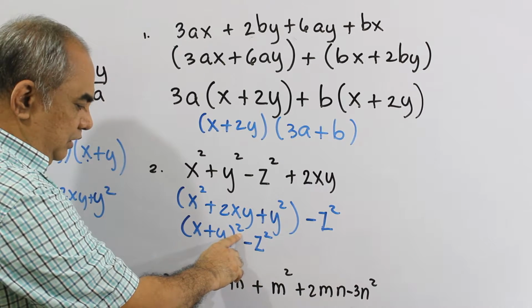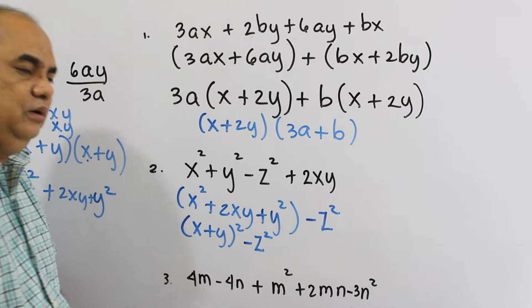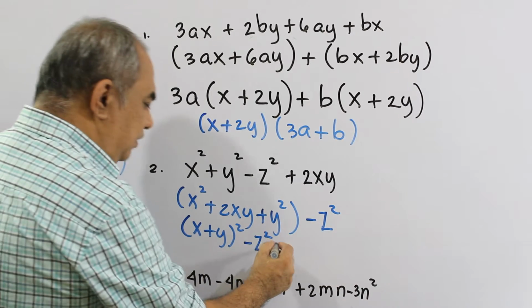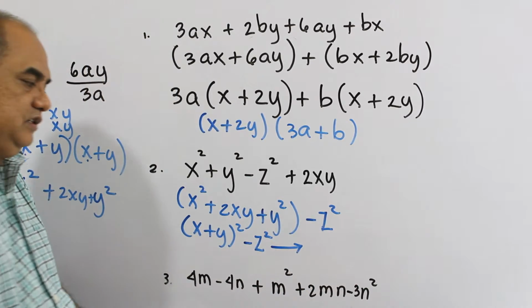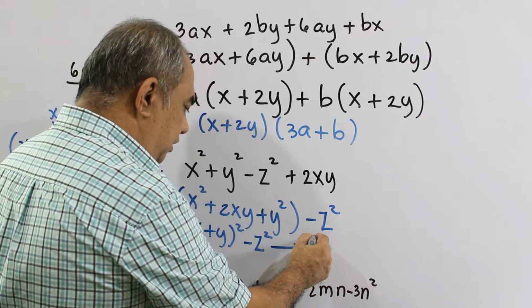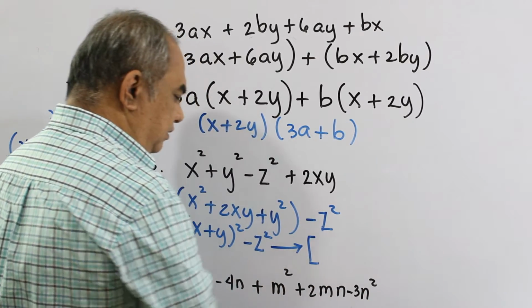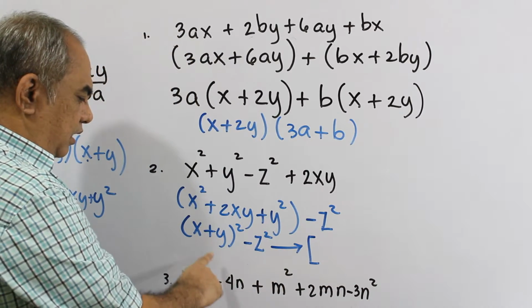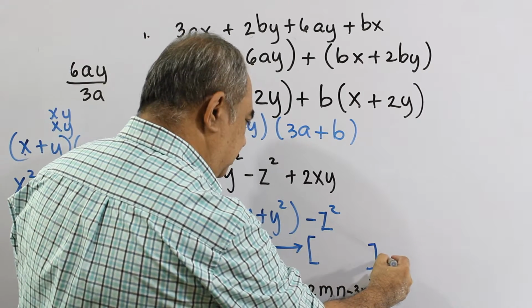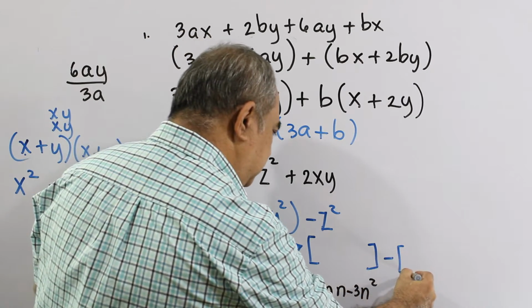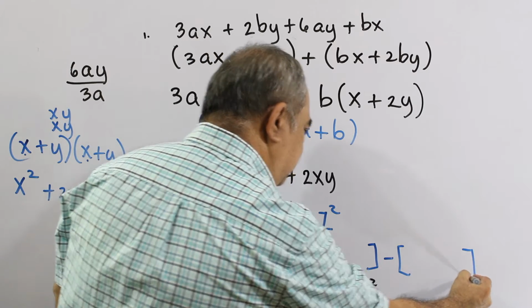So this is a square and this is a square. So the type of factoring that we're going to use is the difference of two squares. So let's put a bracket here, and then another bracket here.